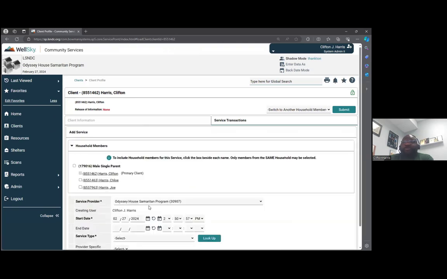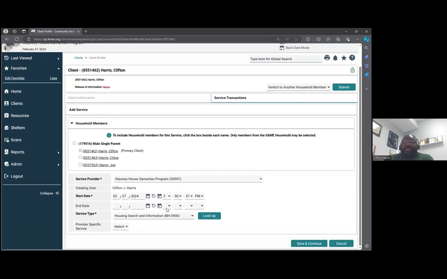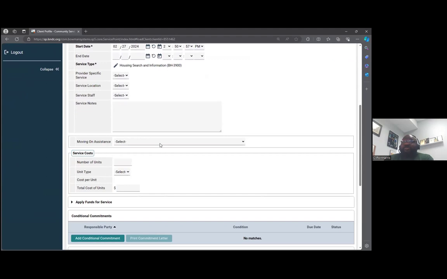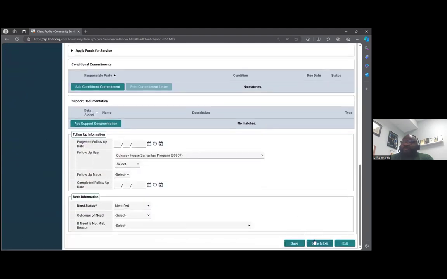We want to do another one. We had to help him find a new unit, so we did the housing search. And then we would get the same moving on assistance piece, and that would be the non-financial assistance for moving. So that's housing navigation, transitional support, etc. And then we would save that one.